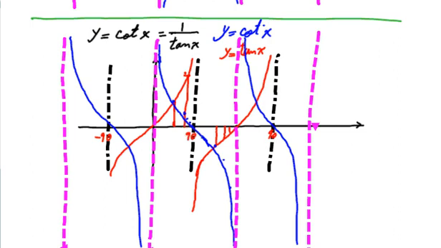A crucial thing in helping us get these pictures was that when tangent went to infinity, cotangent went to 0. We symbolize that by saying when you go to infinity, the reciprocal of infinity is 0. It's called extended arithmetic.